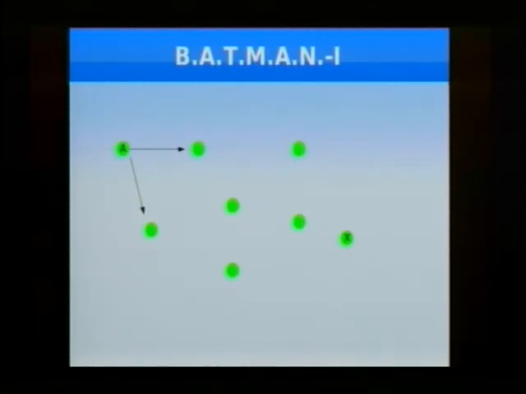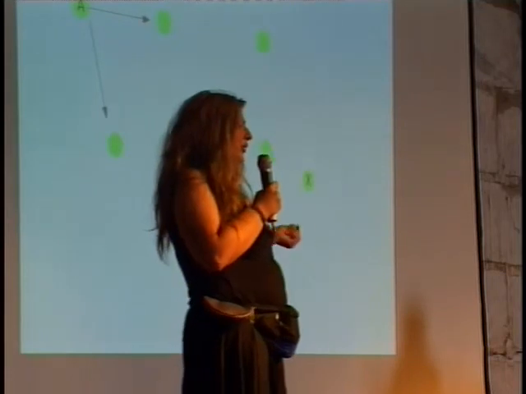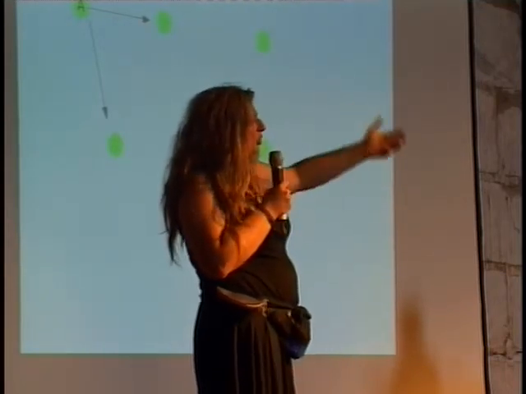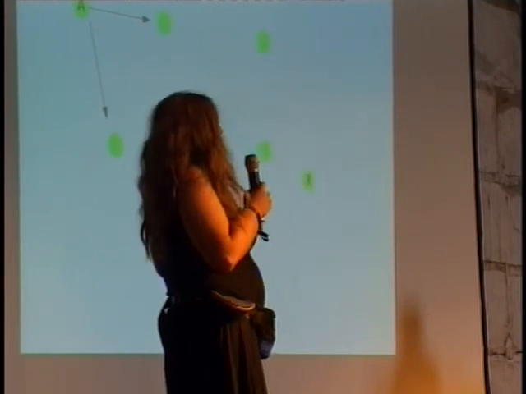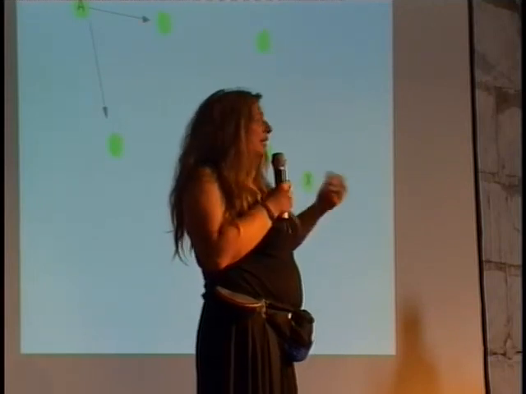But the picture of the world that they have is never synchronized over the network. Because if I'm 10 hops away from another node, the topology information that I get only comes very seldom, and it may take a long time.